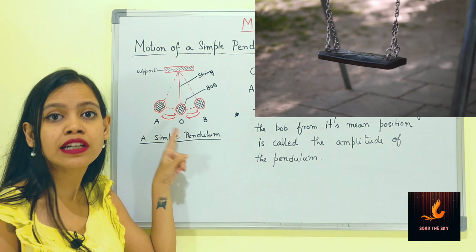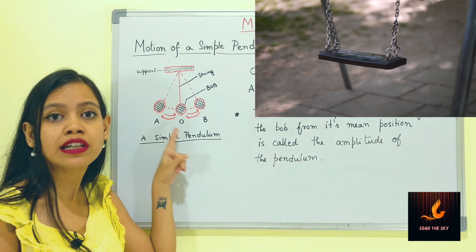Okay, so let's come to the amplitude of the pendulum. What is an amplitude? When the pendulum's bob moves from the mean position to the extreme position, it's called its amplitude. That means the maximum displacement made by the bob from its mean position is called the amplitude of the pendulum.